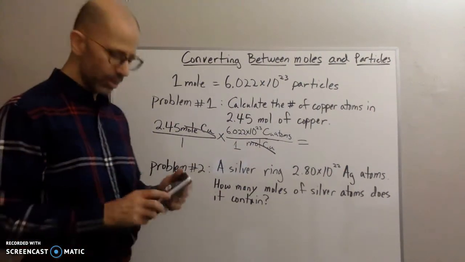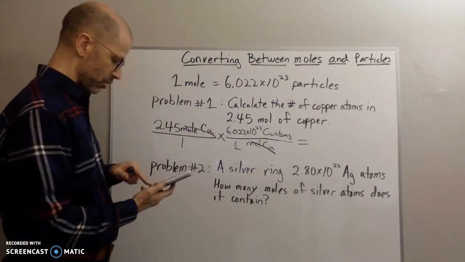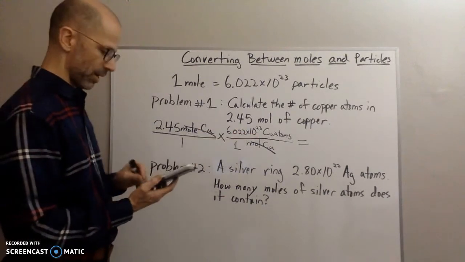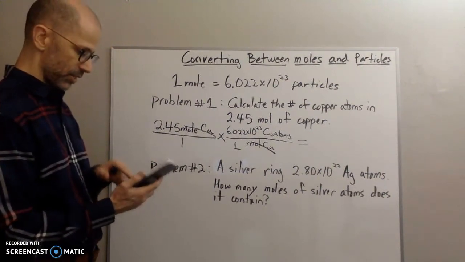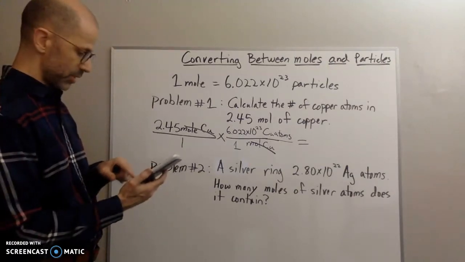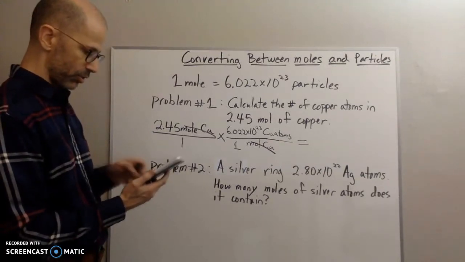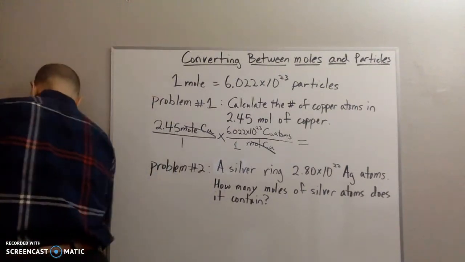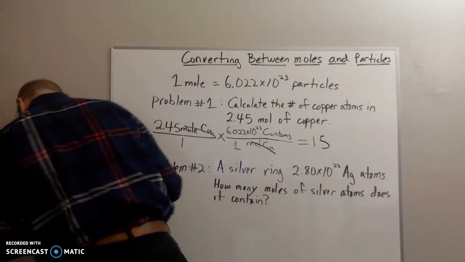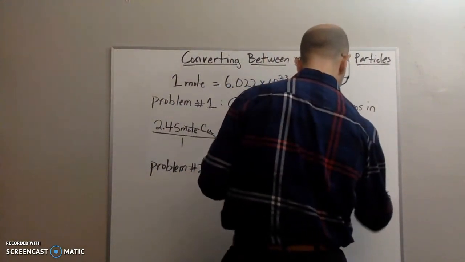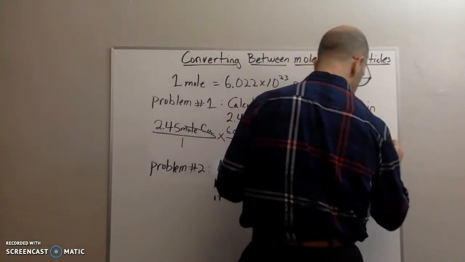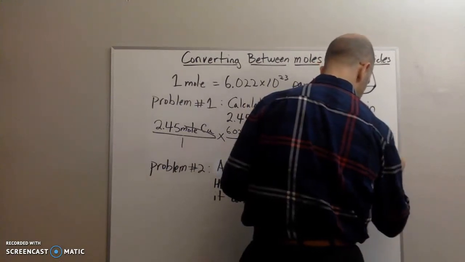So I get my calculator and I do 2.45 times, and I put this into my calculator in scientific notation, 6.022 times 10 to the 23rd, equals, and I get a very large number: 1.5239 times 10 to the 24th atoms of copper.